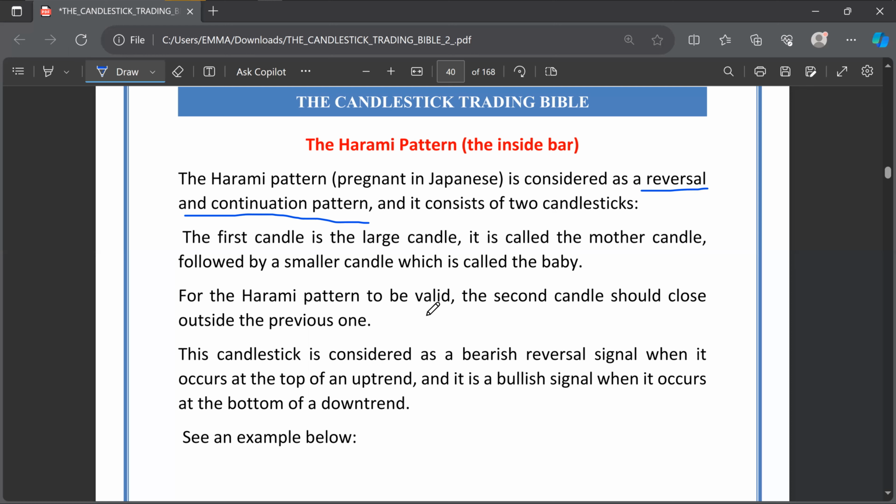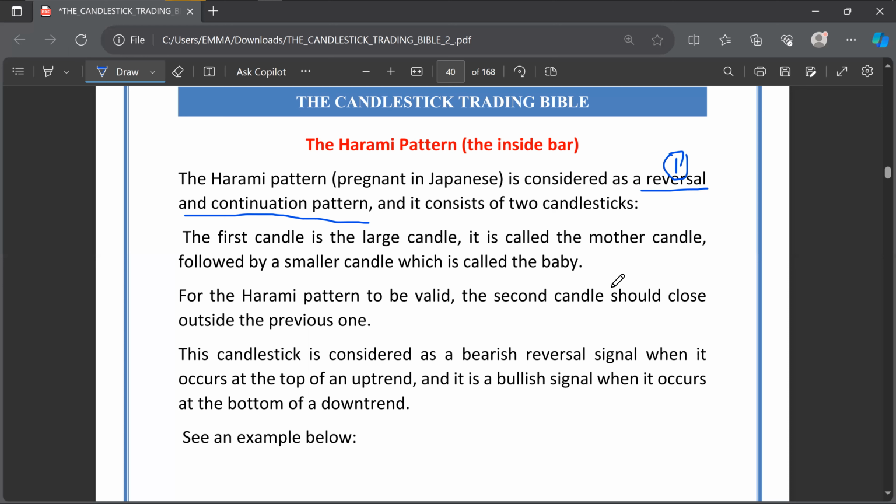So now if you realize, we are talking about the reversals in the two directions. When it happens at the top, it's going down. When it happens at the bottom, it's going up.